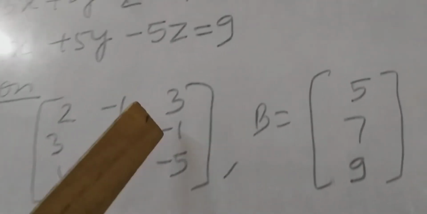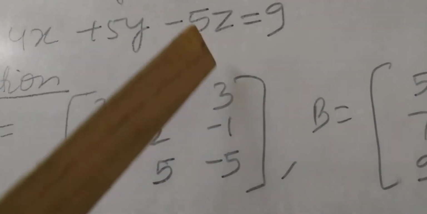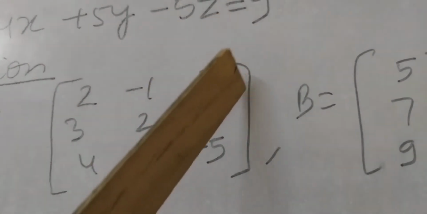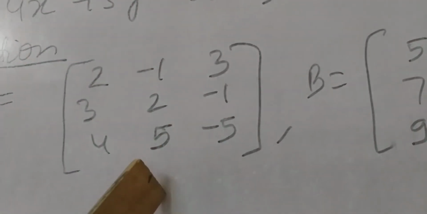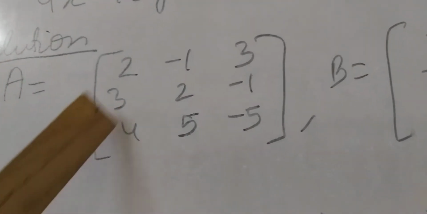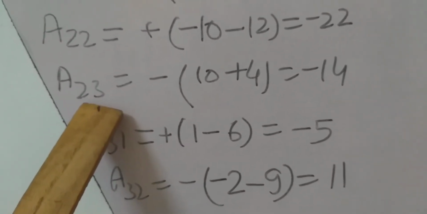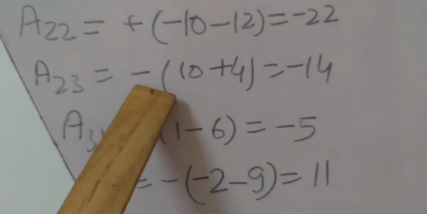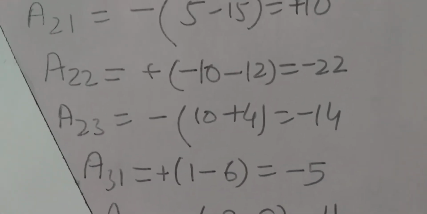Now students, let us find out the cofactor of A23. So this column and second row will be deleted, left values 2, 4, minus 1, 5. Find out its determinant: 10 plus 4. Add both of them, 5 is odd, that's why we have to put a minus sign here. So the answer is minus 14.